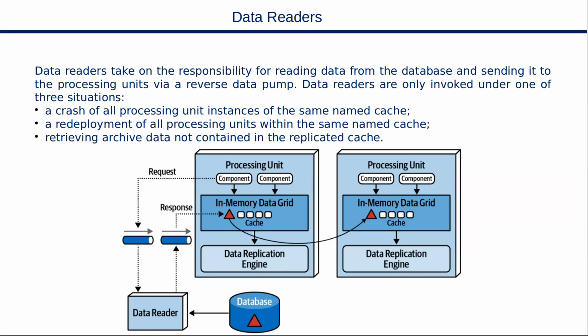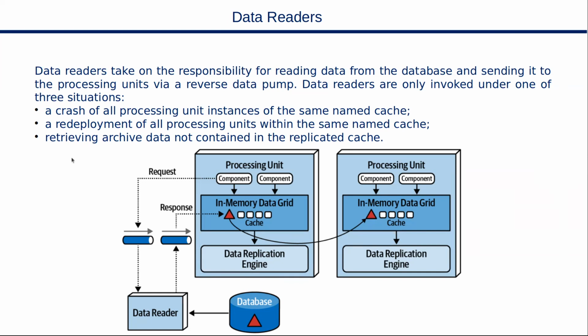So data readers are only invoked in one of three situations, when we need to send information from the database to the in-memory grid. These are difficult cases because, as we already know, we don't work with the database directly. We work with the memory data grid, and this memory data grid is synchronized by the data grid, the cache between processing units. So what are the cases when the database should be involved in this process?